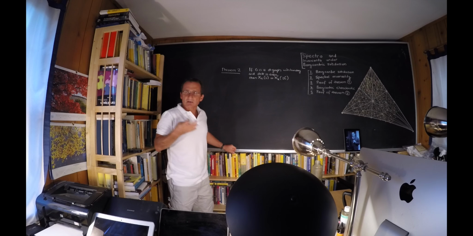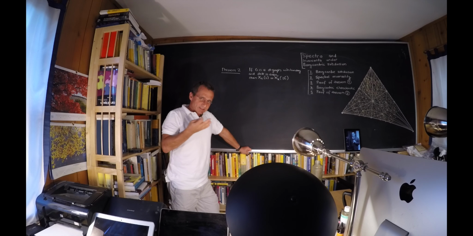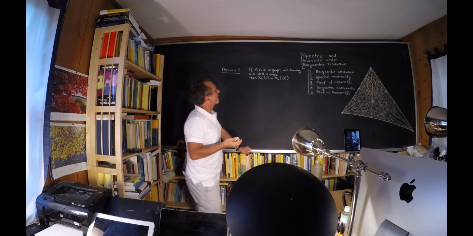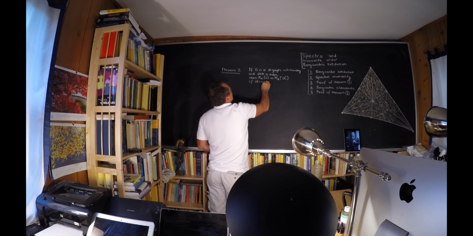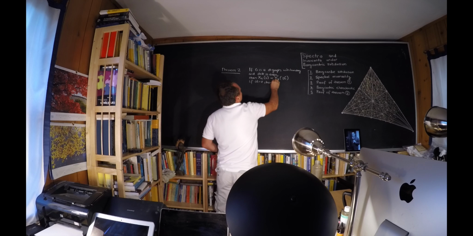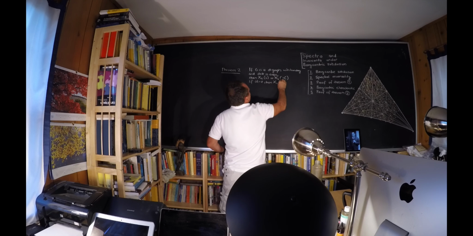This means the characteristic lives on the boundary. And so especially if the boundary of G is empty, then XK of G is 0.